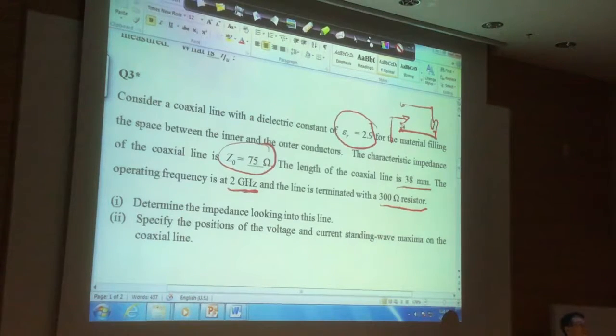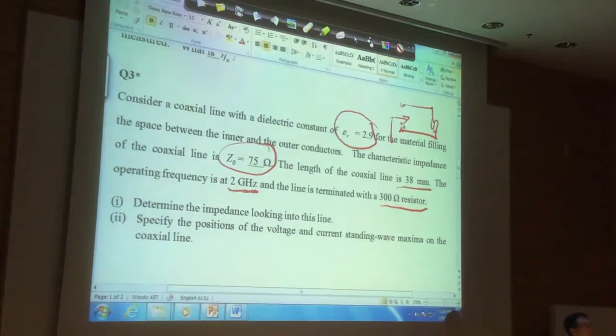So each small question could be similar to this one. Then for section B, we will have 4 questions covering different topics, each carrying 25 marks.